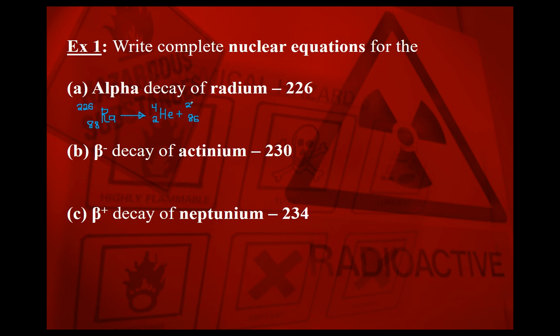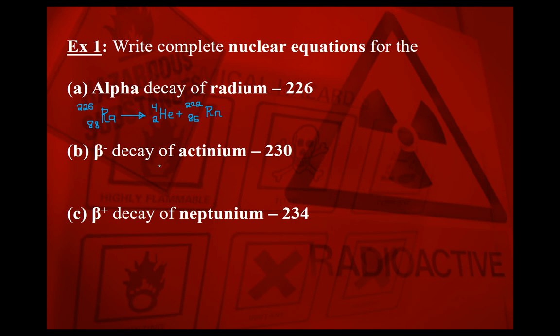It will be 222. Which element in the periodic table has an atomic number of 86? That should be radon, Rn. Now, even though this radon is most likely to be in an excited state, we don't need to show the breakdown of the excited state to the unexcited state of the gamma ray unless we're specifically told to do it. So we can just stop there.